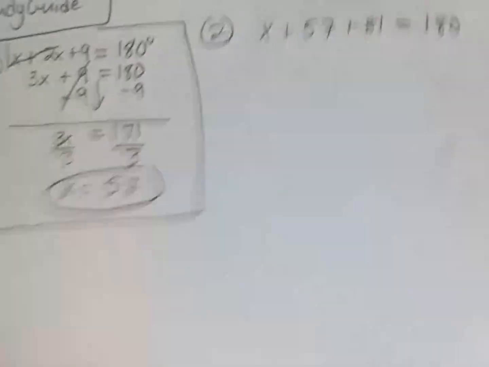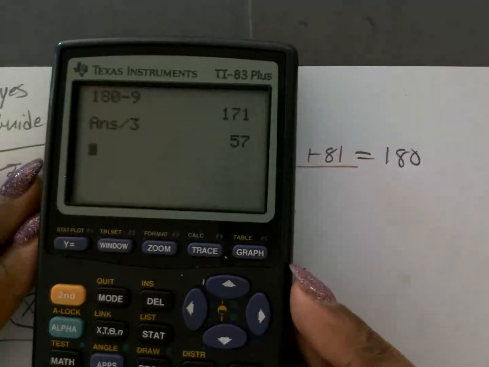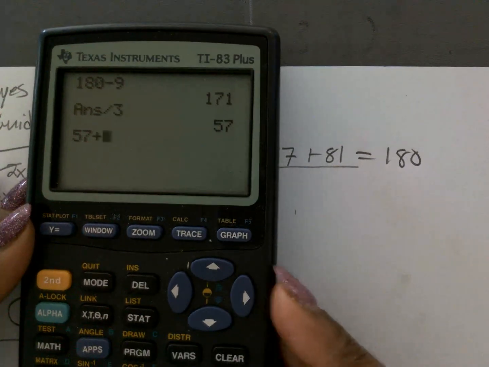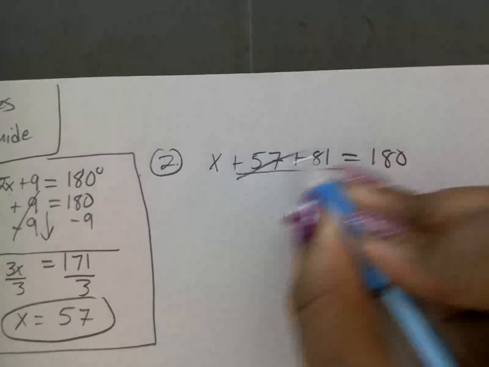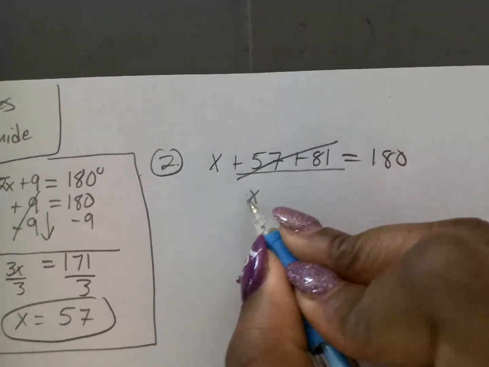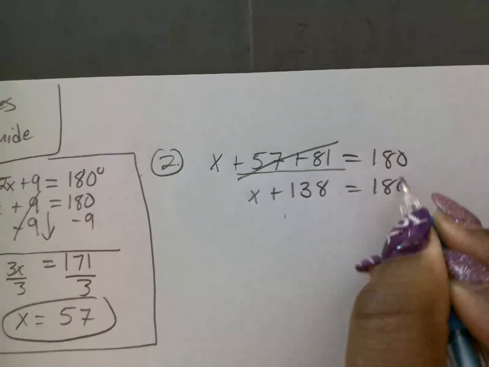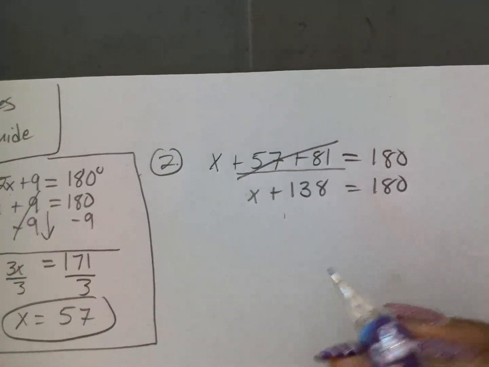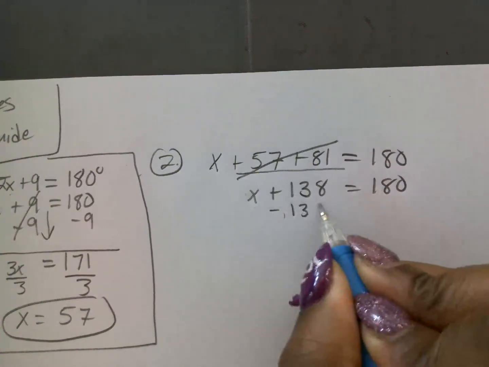All right, so I combine like terms, that's these two right here. So that's going to be 57 plus 81, and that gives you 138. So this is 138. So bring down the x plus 138 is equal to 180. Now to get x by itself, you're going to get rid of this. This is positive, so subtract it from both sides.